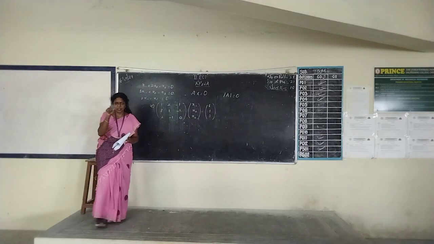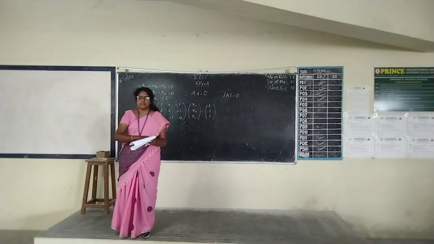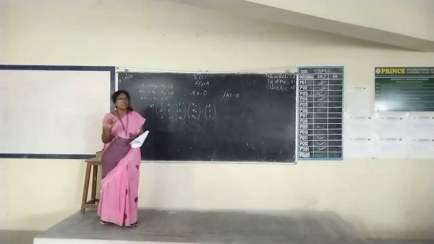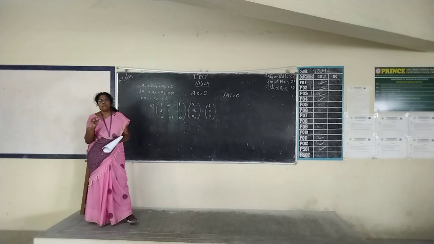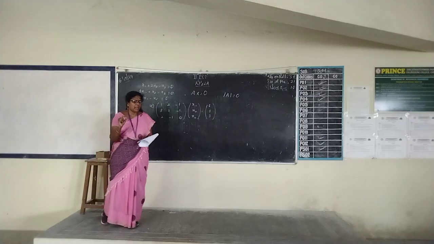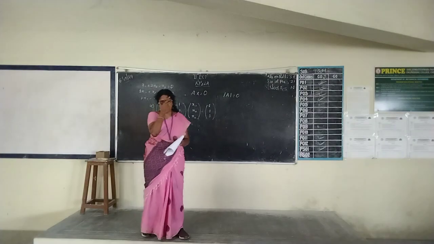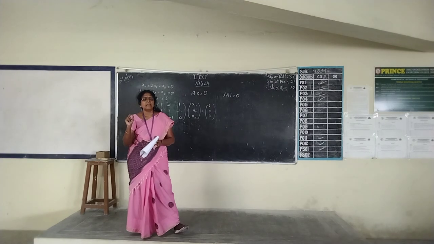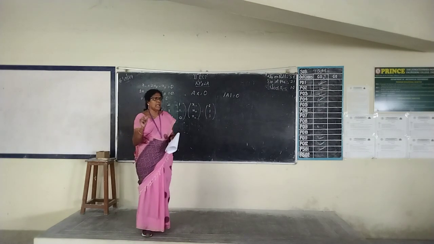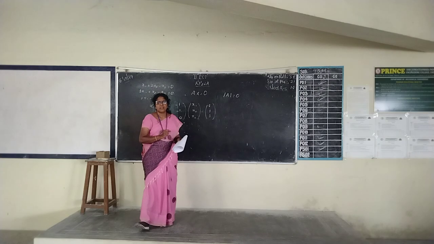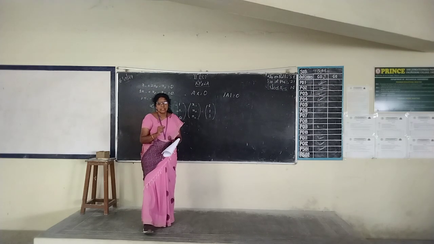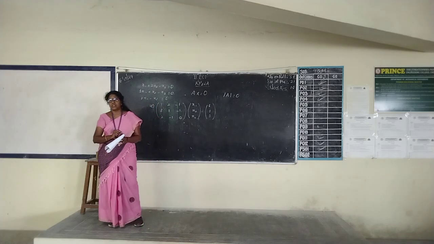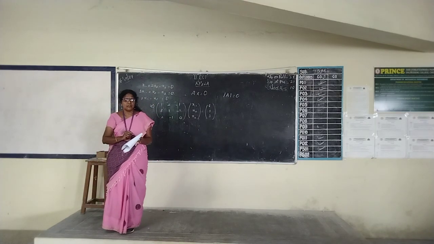Make a note: the number of linearly independent solutions is equal to n minus r, where n is the number of unknowns and r is the rank of the matrix.